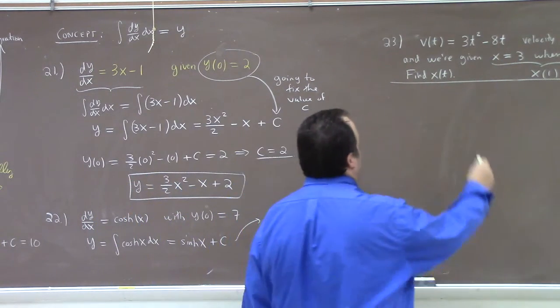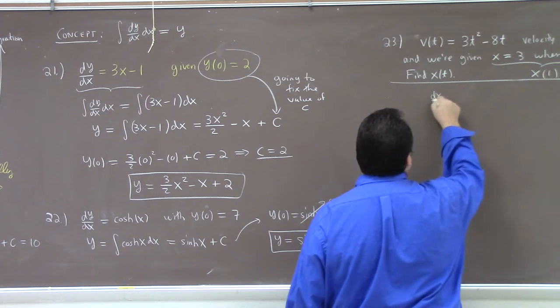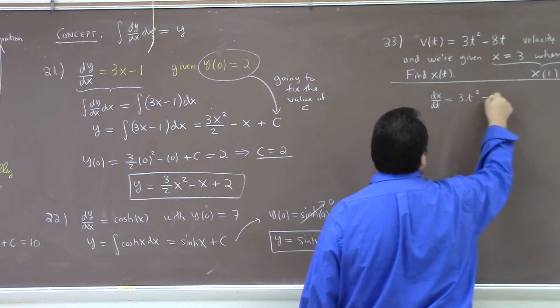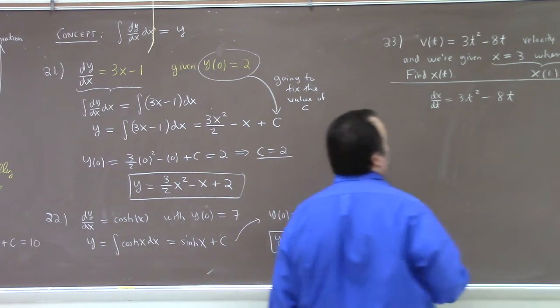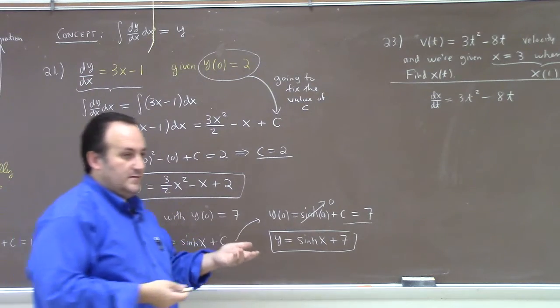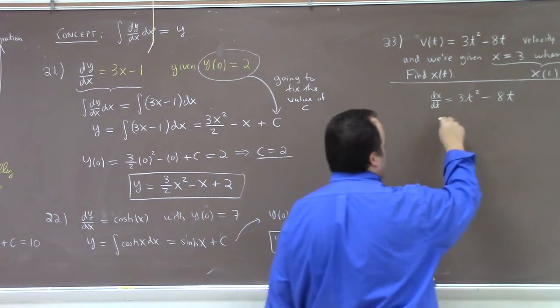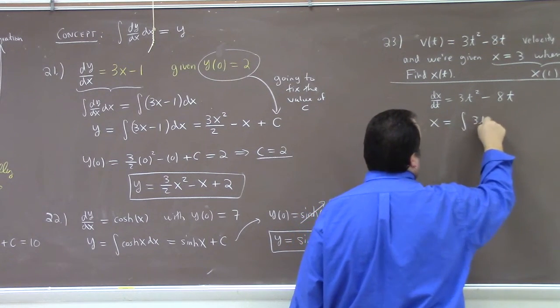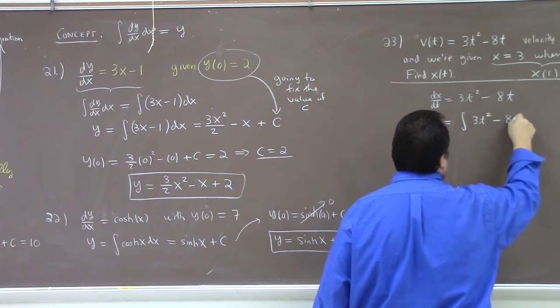So what are we looking at? We've got dx/dt is 3t squared minus 8t, right? So we integrate both sides. What does it give us? Integrating both sides gives us x is the integral of 3t squared minus 8t dt, right?